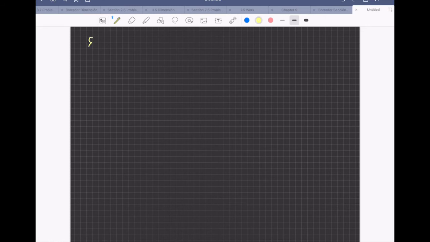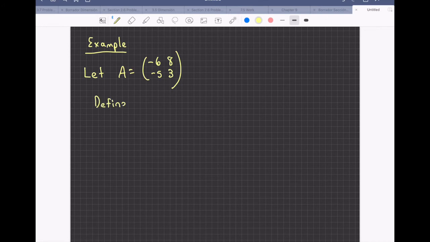Other example. Consider the matrix -6, 8, -5, and 3. Based on this matrix, I'm going to define a linear transformation that goes from R2 to R2. How?